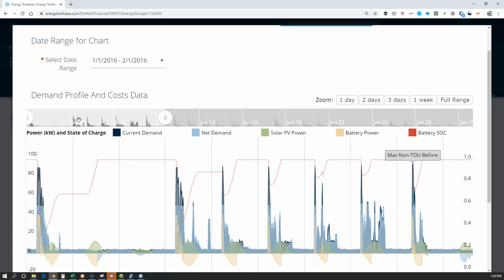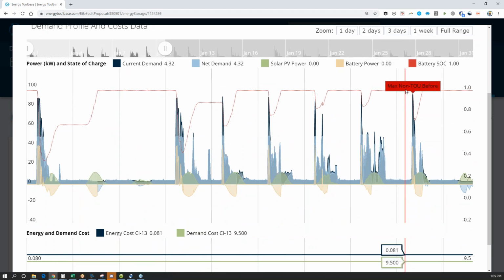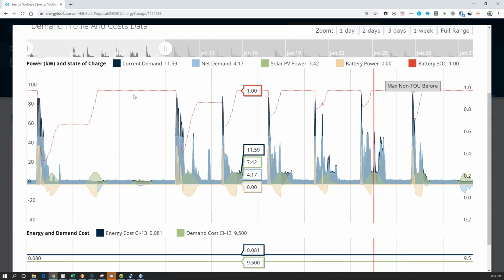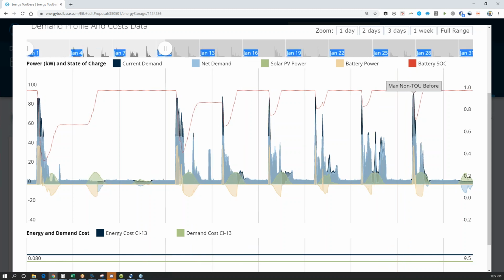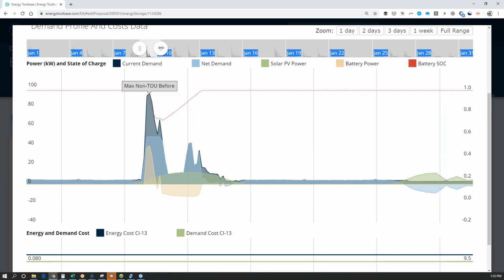So here I'm looking at my new load profile. And I want to examine the worst day in January from before the system was put into place. And so here's our worst day.